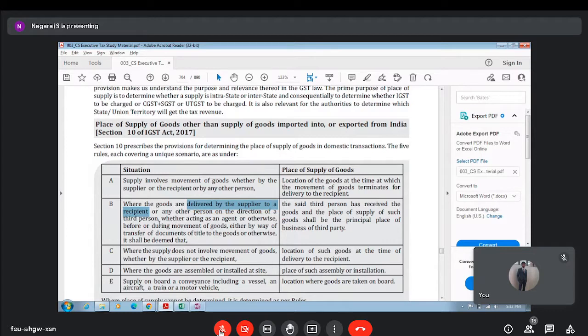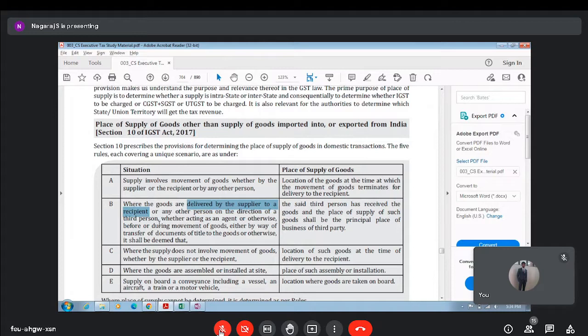Between myself and you is one transaction. From you to the other person will be another transaction. Though I am supplying the goods directly to him, I am not the supplier to that person. You are the supplier to that person. Here two transactions are involved. If we both stay in the same state, it is intrastate. If we both stay in different states, it is interstate.